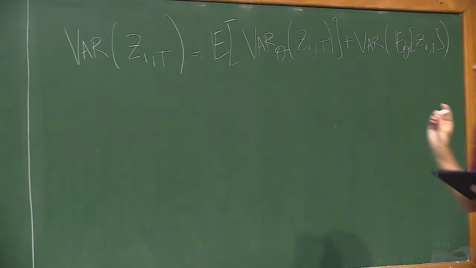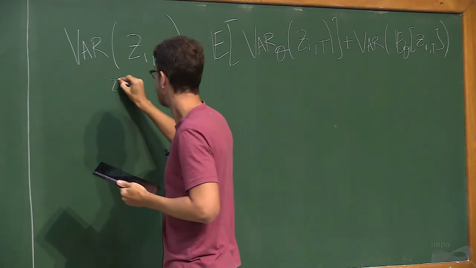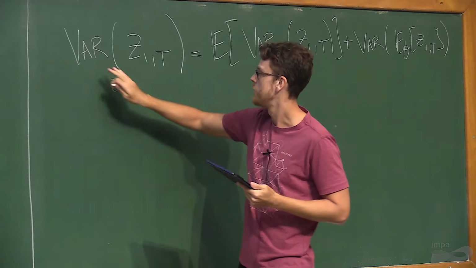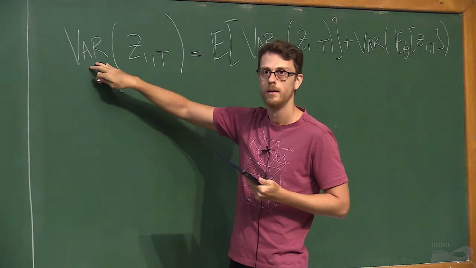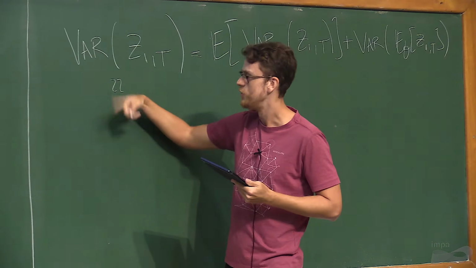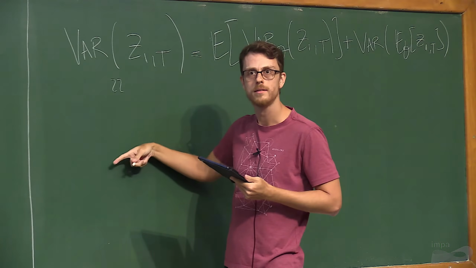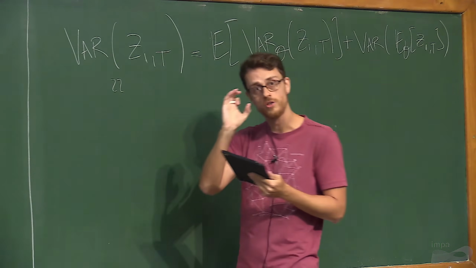Okay? And this guy we know how to estimate. There is something that maybe is not so clear, because here the environment is not fixed. To estimate this, you would generate several random environments and look at this quantity. But instead we have just one.